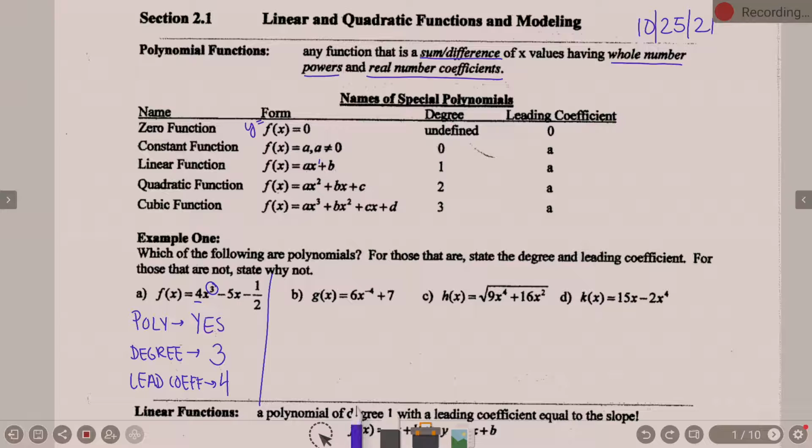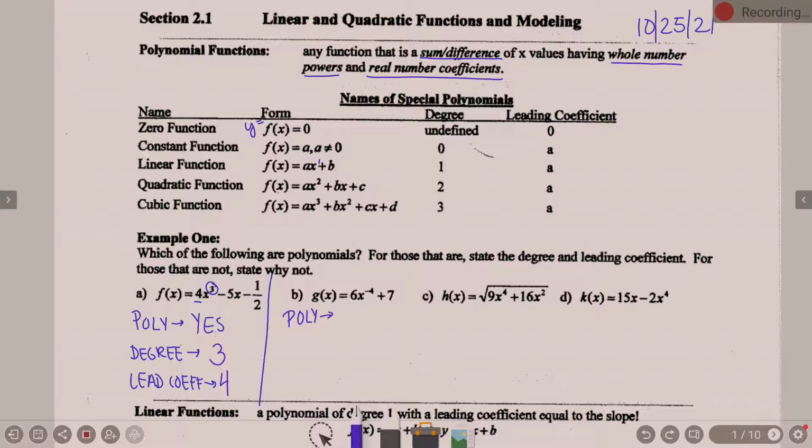Okay, B. G of x equals 6x to the negative 4th plus 7. Is it a polynomial? Why not? Because the power is negative.